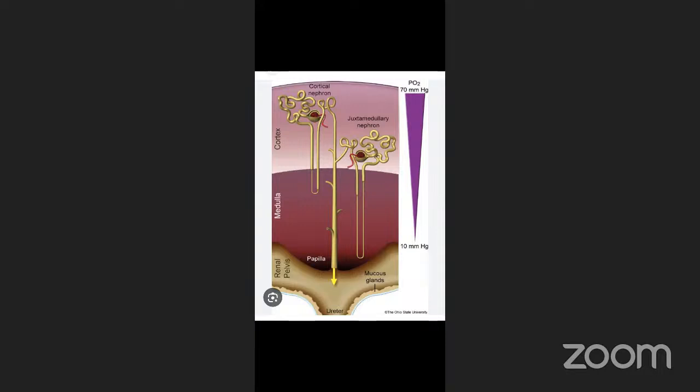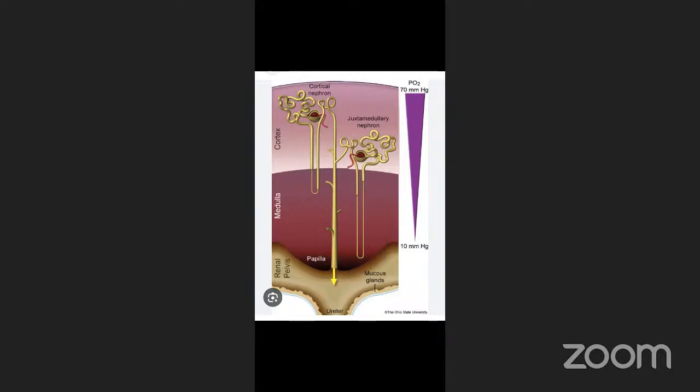And therefore, we expect that they will have a smaller sized cortex. The size of the cortex will be small because what does it contain? It contains Bowman's capsules, which are small in size. Why is the Bowman's capsule small in size? To contain little glomerulus. Why little glomerulus? To cause little ultrafiltration.